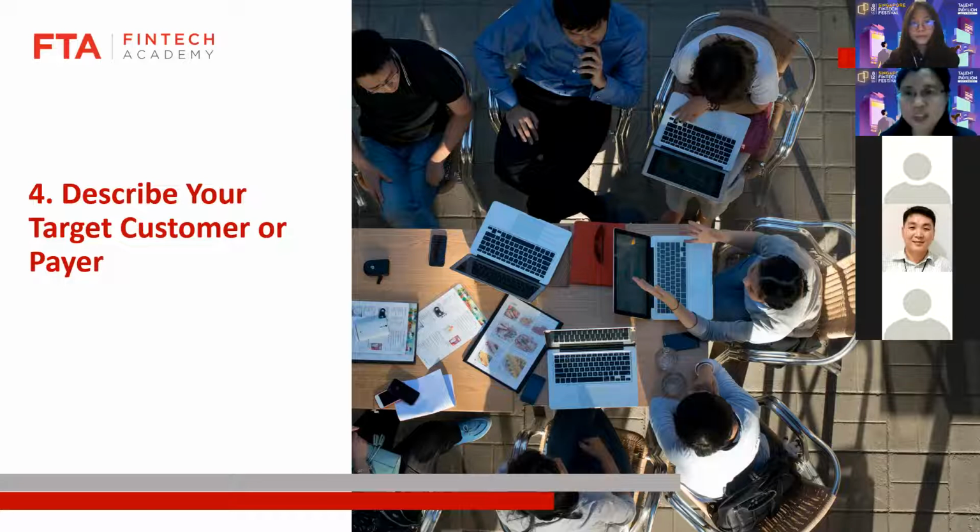Now, for those of you who are offering an education product for kids, you might think that your ideal customers are children from 5 to 12, but please remember that in the case of education businesses, the people that are really paying for educational products are the parents of the kids. So when you describe your target customer, you don't just limit yourself to the kids who are 5 to 12, but you have to include the payers for your product.